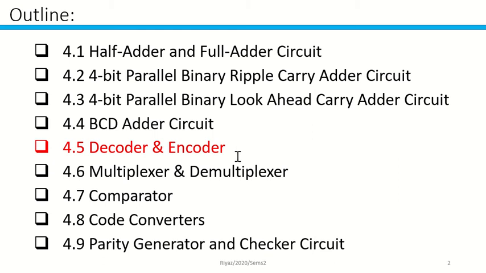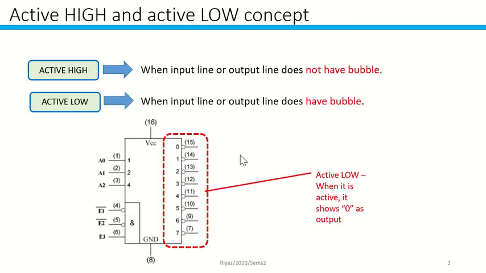Decoder and encoder. Before we go very deep, we need to understand the concept of active high and active low. The representative of active high is whenever the circuit has no bubbles.